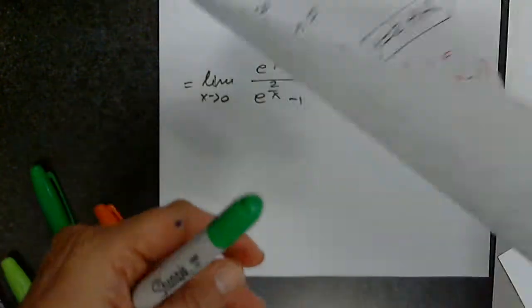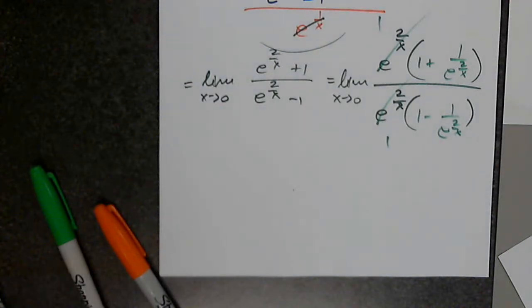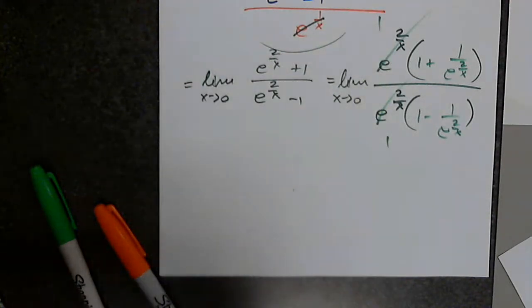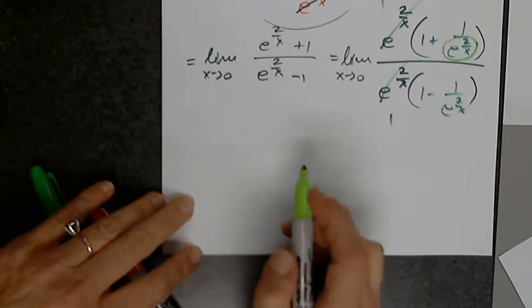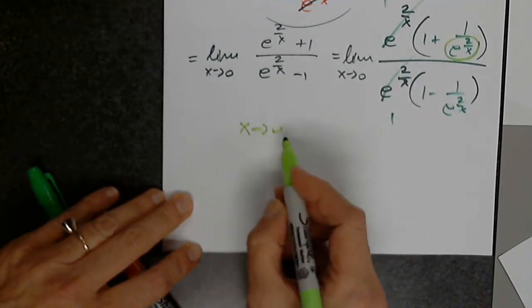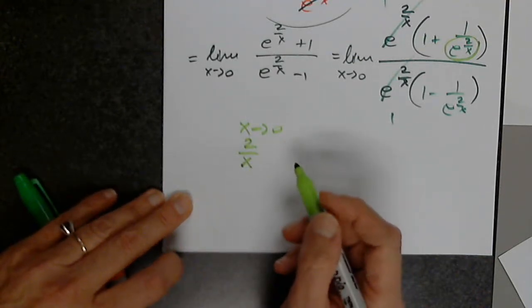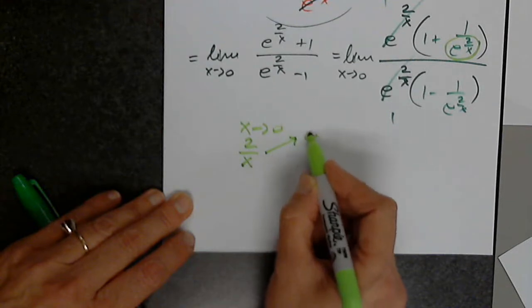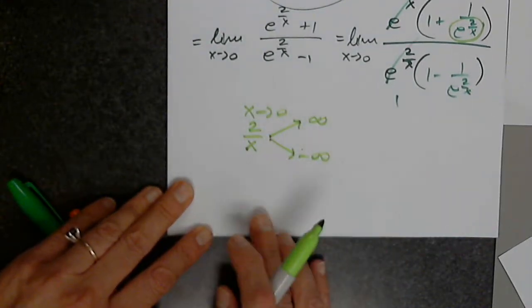I didn't clear it. But this is a different story, because the exponent is 2 over x. So these two go away. Now let's analyze what happens to e to 2 over x. As x approaches 0, what does 2 over x do? It either goes to infinity from one side, or it goes to negative infinity from the other.